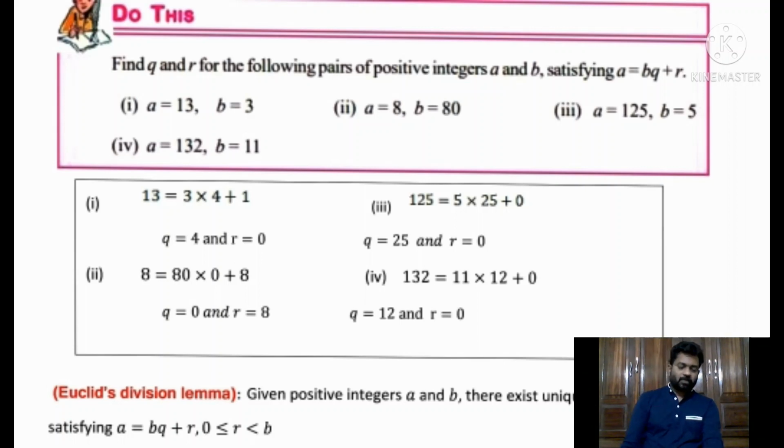Last one. Given a equal to 132 and b equal to 11. 132 is written as 11 into 12 plus 0. 11 twelves are 132 plus 0. Here q equal to 12 and r equal to 0.